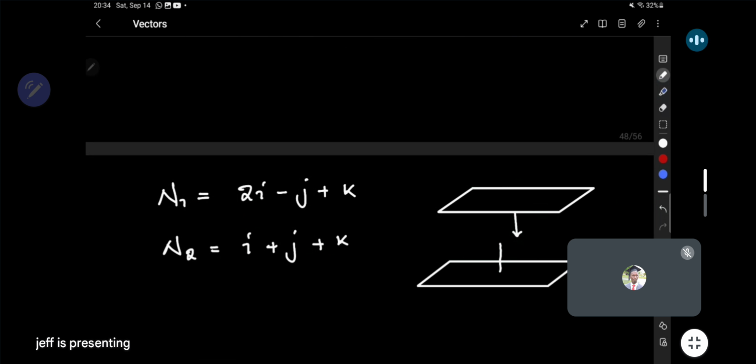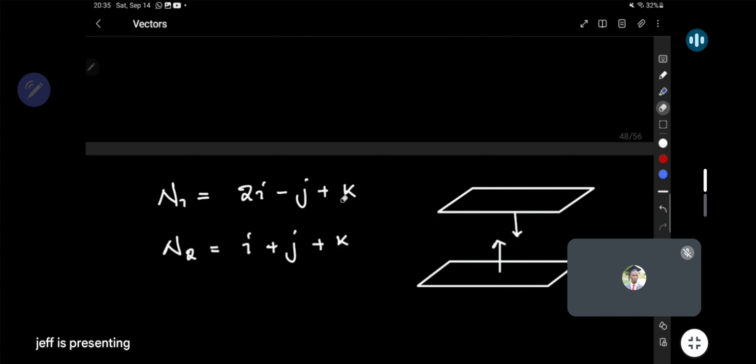It might be that the normals are going in opposite directions, but all in all, they must be parallel. If they're going in opposite directions, it will mean that if the one is ijk, the other one should be negative i, negative j, negative k. But of course, they might be going in the same direction and so on.